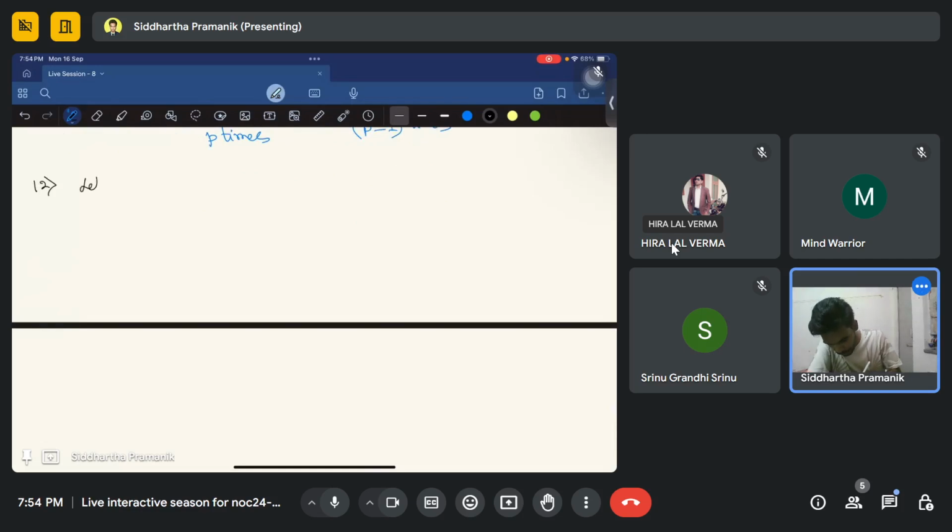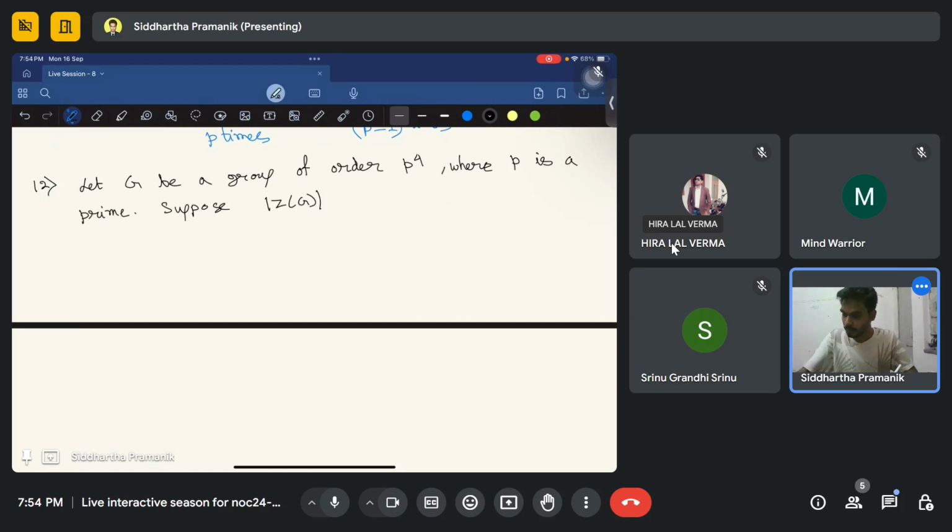Let G be a group of order p to the power 4, where p is a prime, and suppose the order of Z(G) is exactly p squared.